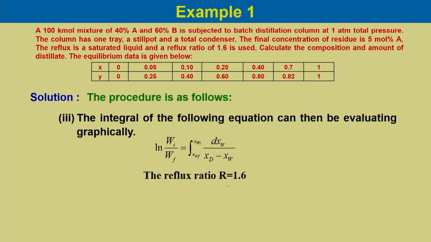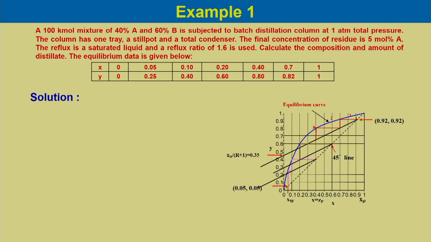The reflux ratio R is 1.6, which is given. So, the slope of the operating line, R by R plus 1, would be 1.6 divided by 2.6. So, 0.615 is the slope of the operating line. You can see over here, this is the equilibrium curve which is given, and you select any point.